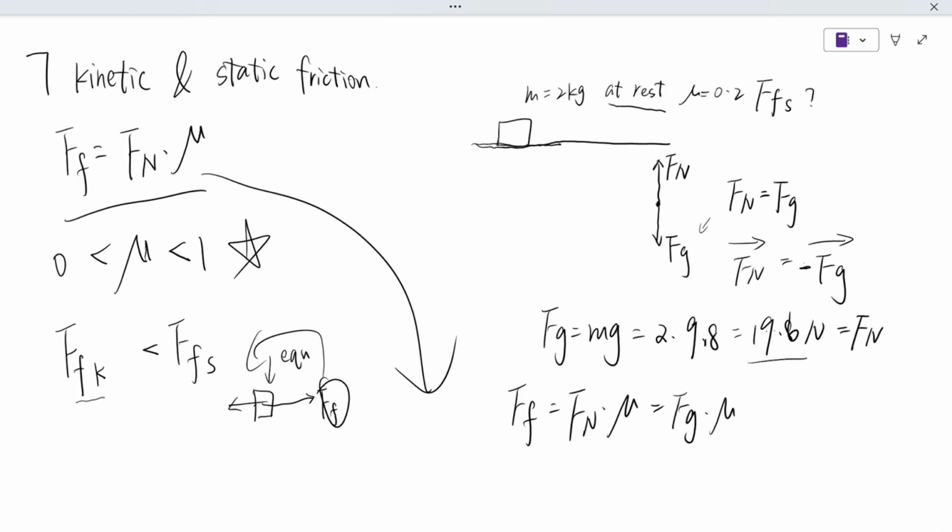We already have Fg, which is 19.6, so we plug the number in: 19.6 times the constant 0.2, which gives 3.92 newtons. Don't forget your unit for the forces. That's how you calculate the friction force when the object is stationary and on a horizontal surface.